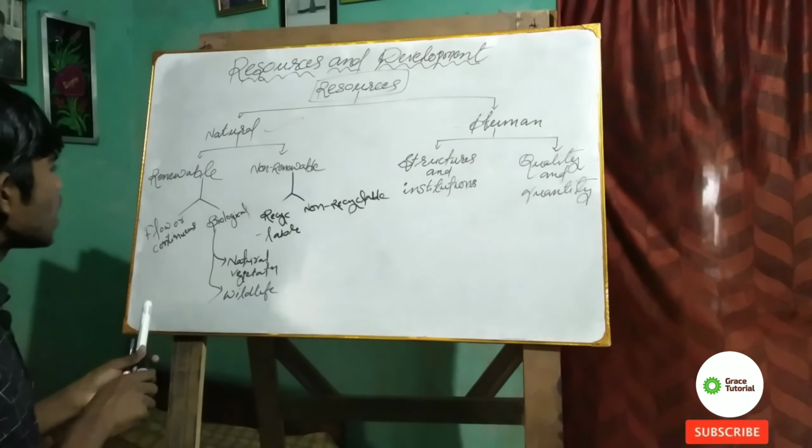So which resources are basically called renewable resources? The resources which can be renewed, replenished or reproduced are known as renewable resources. Those resources can be reproduced, renewed and replenished by physical, chemical and mechanical processes. So what resources come under renewable resources?